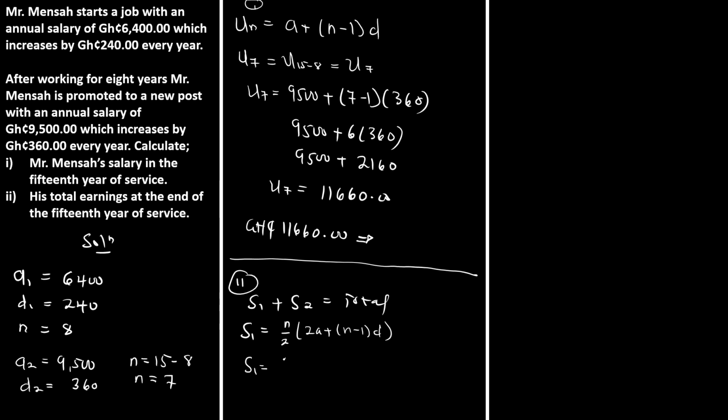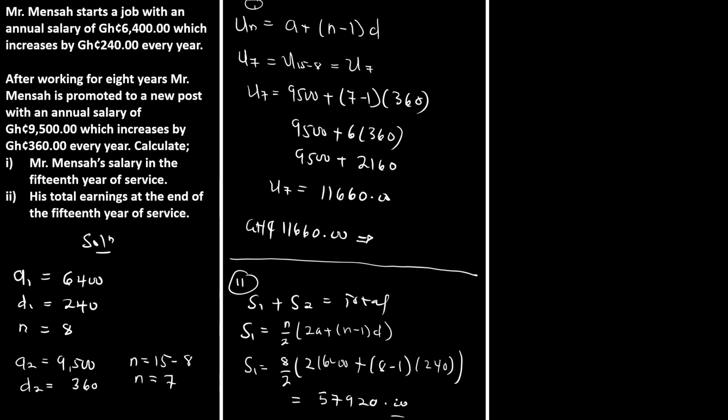There's a formula, right? So with that one, my S1 should be, the n is actually 8, right? So in this case, 8 on 2 multiplying 2 times my a, which is 6400, plus 8 minus 1, and here our d is 240, right? So 240, then you close everything. And when you use your calculator to punch this, you're supposed to get a value which is 57920.00.